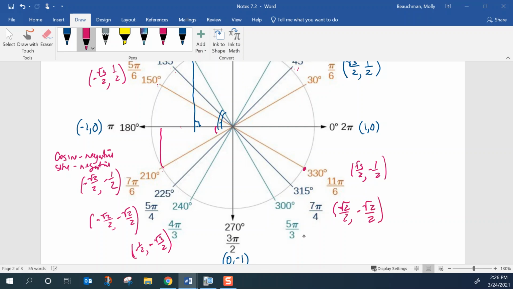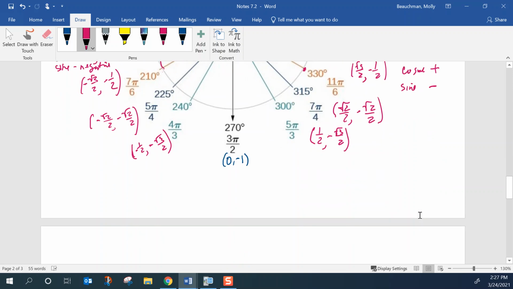And 300 degrees, or 5 pi over 3, has a coordinate 1/2, negative square root of 3 over 2. So in the fourth quadrant, the cosine is positive, the sine is negative. Okay? So these are all of the exact values, including your quadrantal angles, on the unit circle.